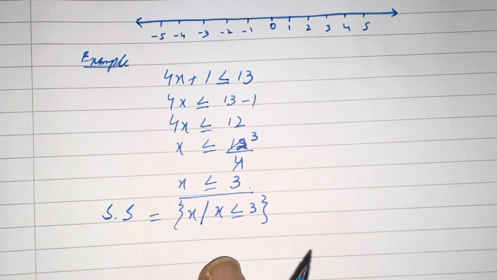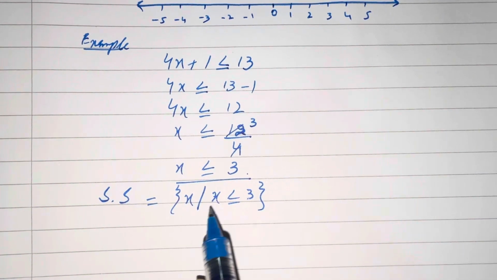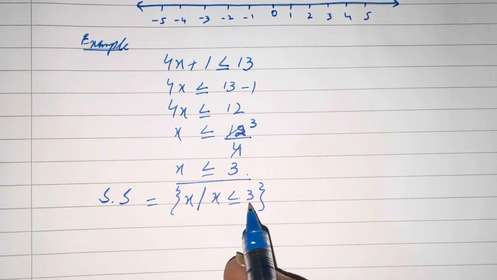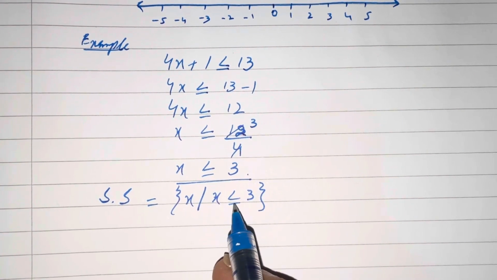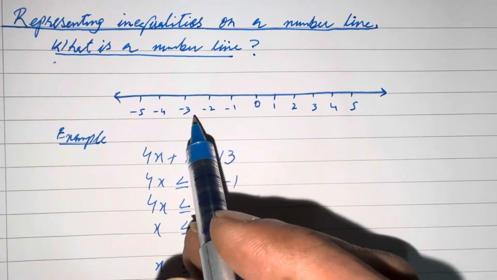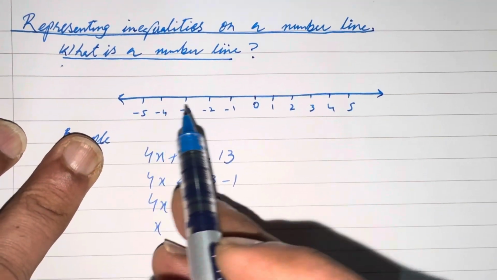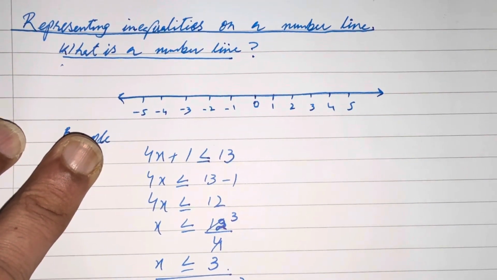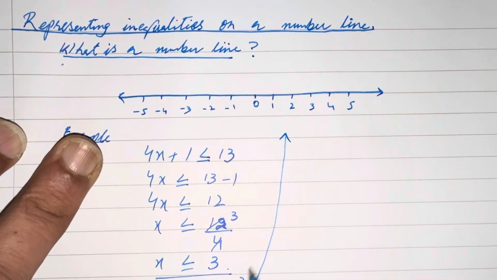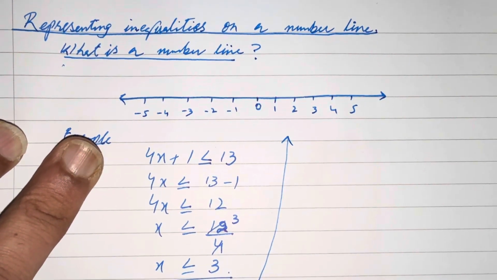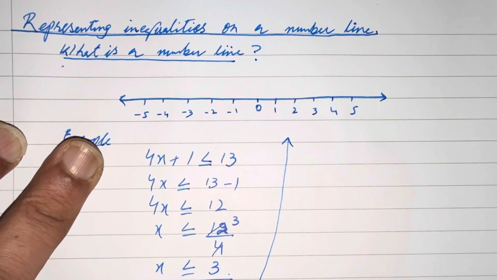Now we have to represent this x less than or equal to 3 on the number line. As I have drawn a number line over there on top of the question, I'm going to represent this solution set on this number line. So x is less than or equal to 3.